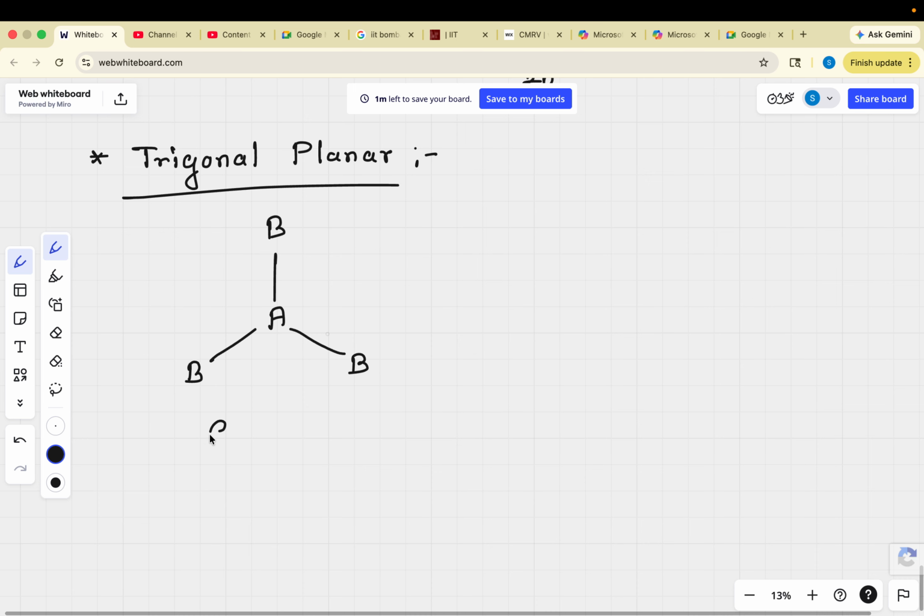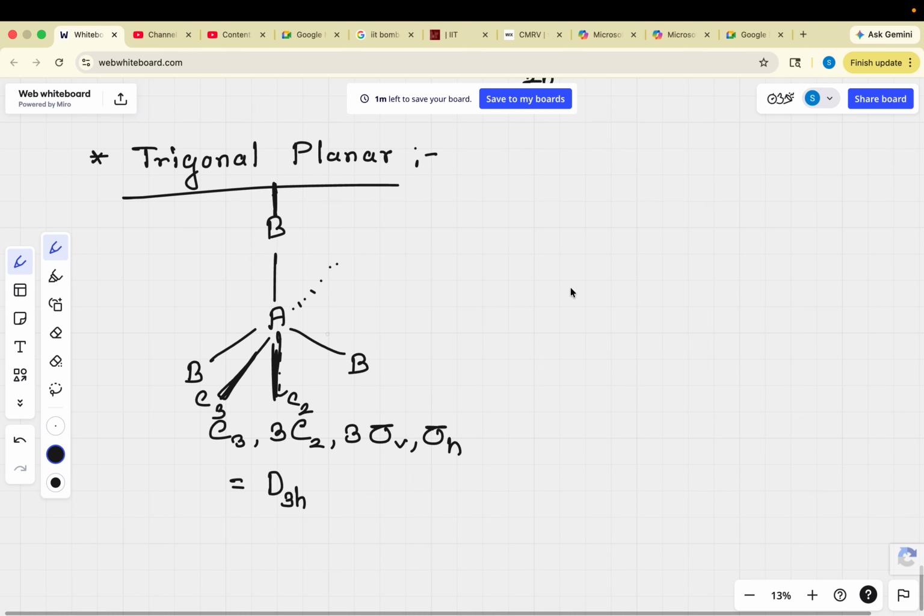The principal axis will be C3, then you will have 3 C2 axes, 3 sigma V, and the molecular plane will be sigma H. This is your C3 axis, C2 will be along this, and sigma V is also present along this. So C3, 3 C2, 3 sigma V, and sigma H together lead to the D3H point group.